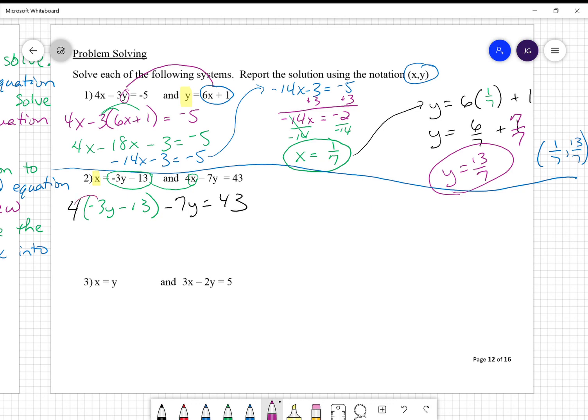And I will distribute. Negative 12y minus 52 minus 7y equals 43. Combine like terms. Negative 19y minus 52 equals 43.